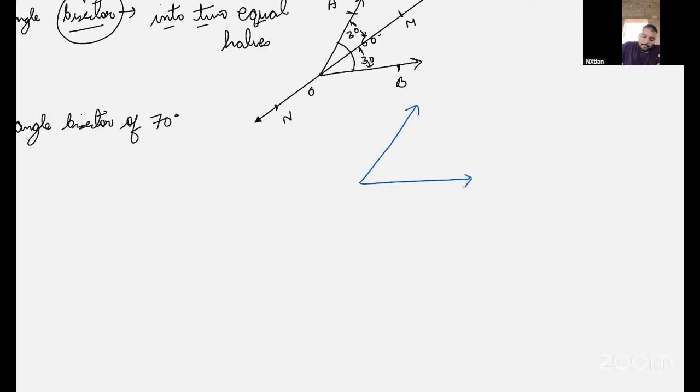So obviously this will be the 70 degrees, and the angle bisector line you have to draw like this, such that this is A, this is O, this is B, this is M, and this is N. This will be the rough diagram.